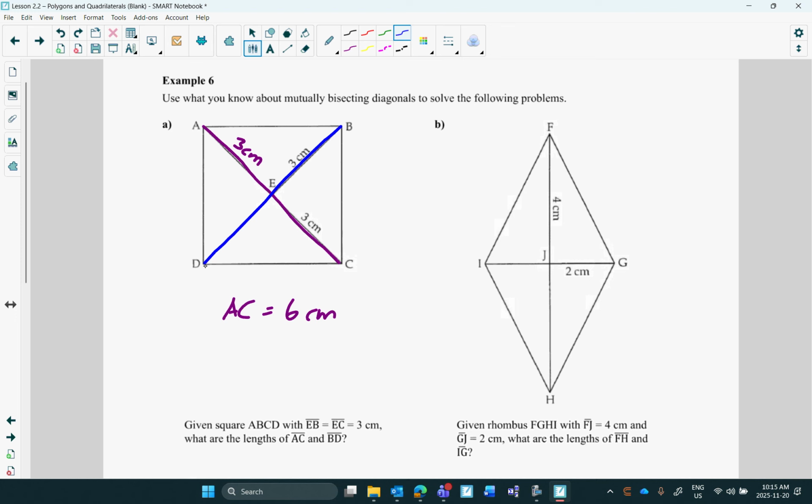If this is 3, this section must also be 3. So BD is 6 centimeters.